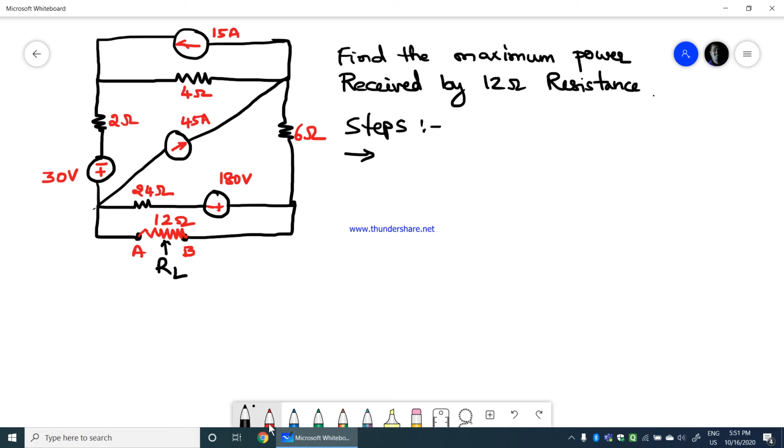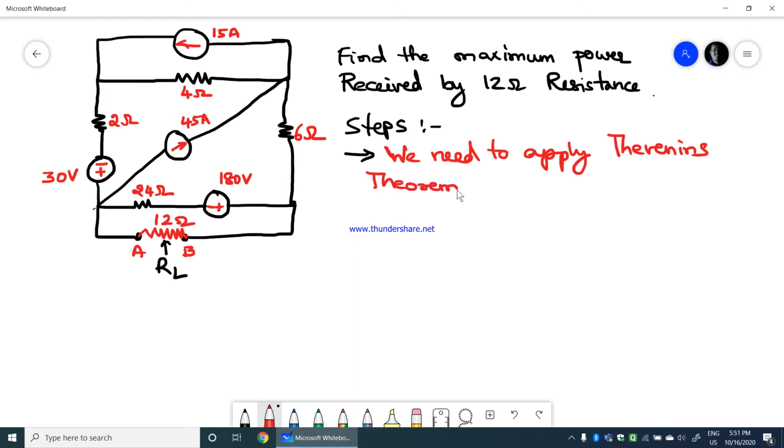The first step is we need to apply Thevenin's theorem to find the Thevenin's equivalent circuit.